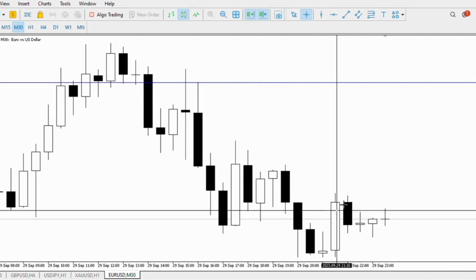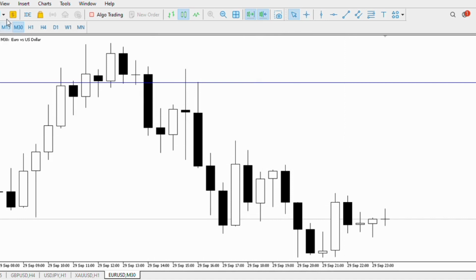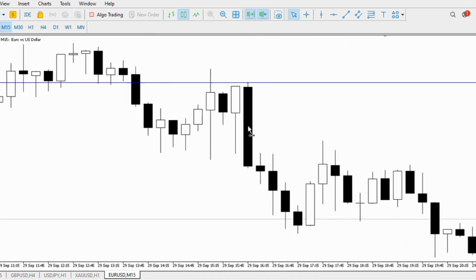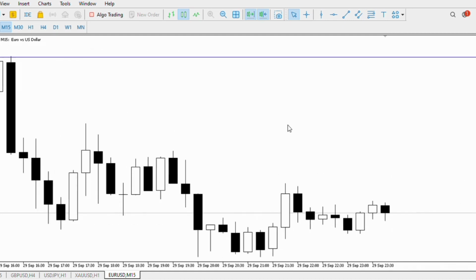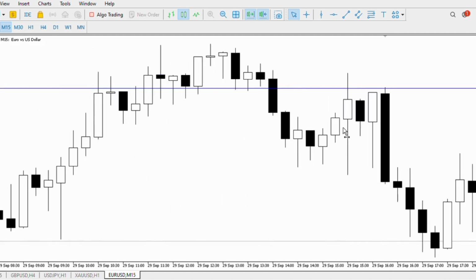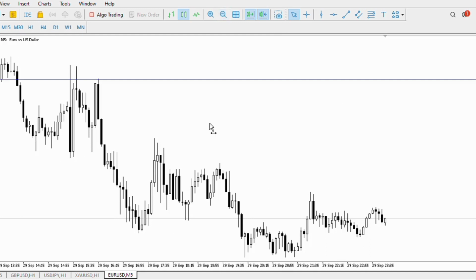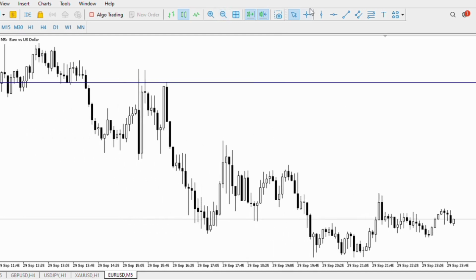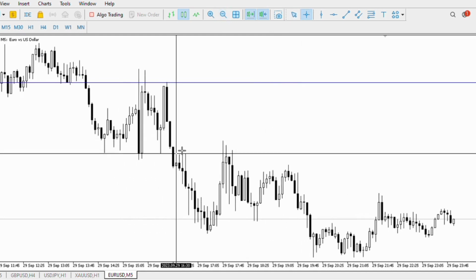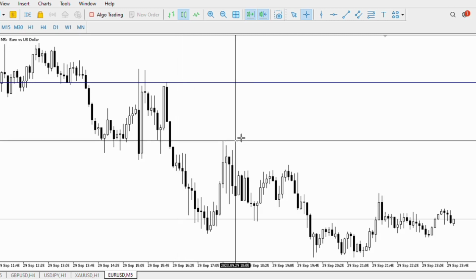Then for the 15 minutes time frame, I can't find any gap. Then on the 5 minutes time frame, okay, I can't find one right here. Alright, it has already been used.